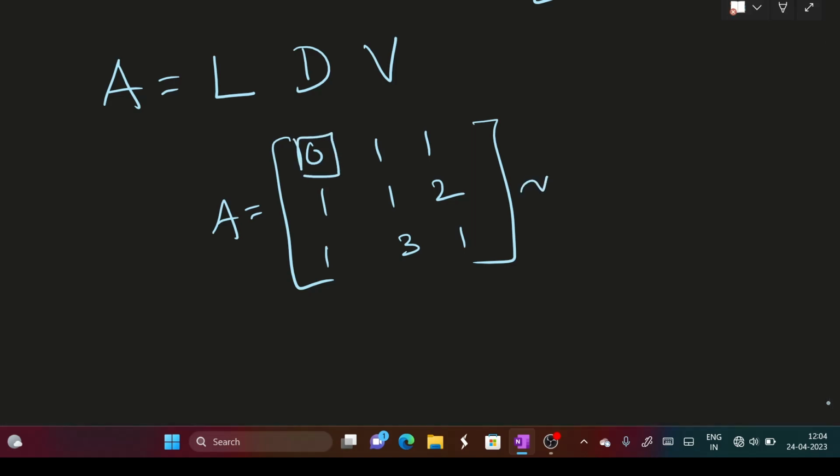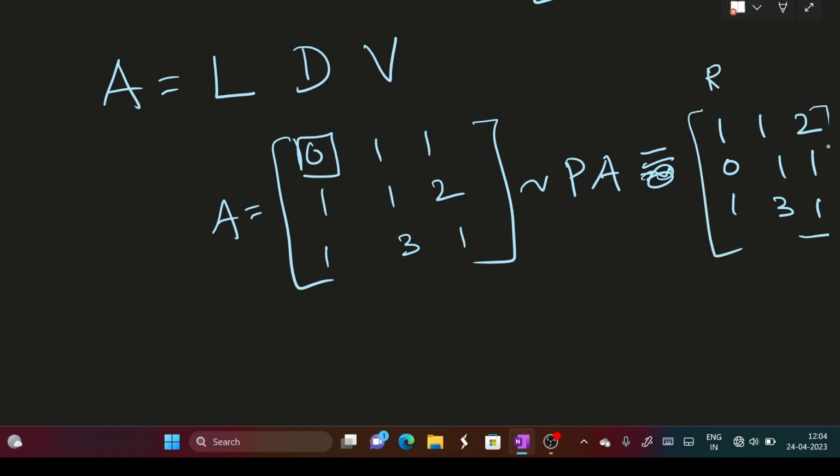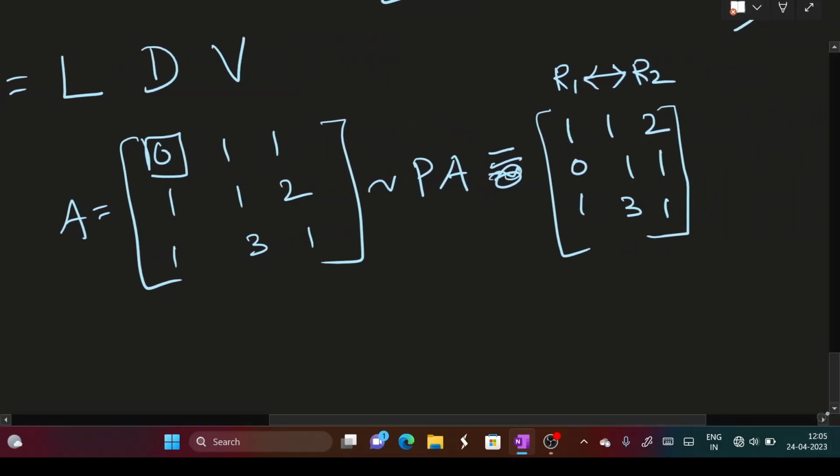So immediately I will go for a permutation matrix P on A. I will write it as PA is equal to 1, 1, 2, 0, 1, 1, 1, 3, 1. So this is the operation I have done: R1 interchange with R2. So now I have this matrix.